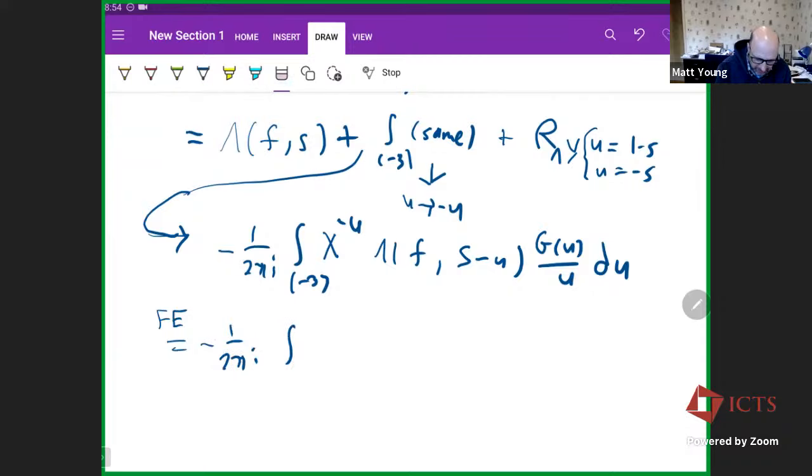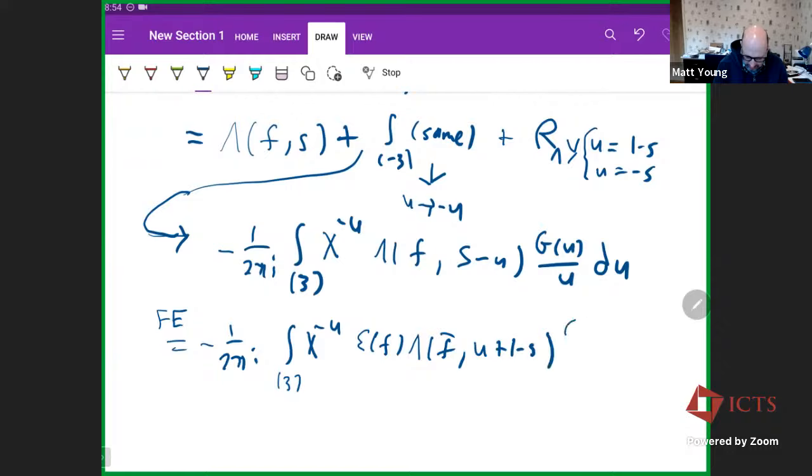Oh, sorry. When I changed variables, the line should go back to 3. So I shifted it to minus 3, did the change of variables, and now we're back to the line 3. So x to the minus u stays the same. And then now this should be epsilon of f, lambda of f bar, u plus 1 minus s, g of u over u du.